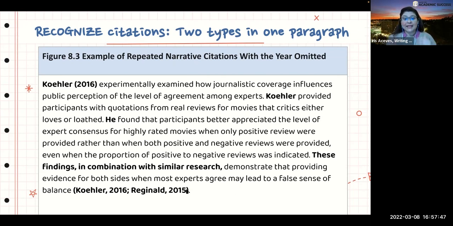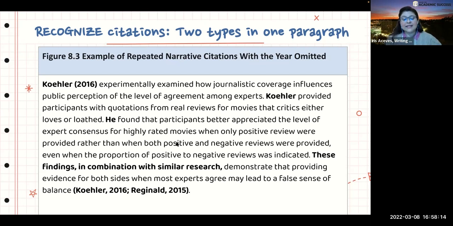So APA says, here are some ways that you can integrate it, especially if you're working with the same author and there's only one year, so there isn't going to be a lot of confusion for the reader, right? So there are different ways of integrating the research that you are reading into your paper, with all of the summaries and the paraphrases.